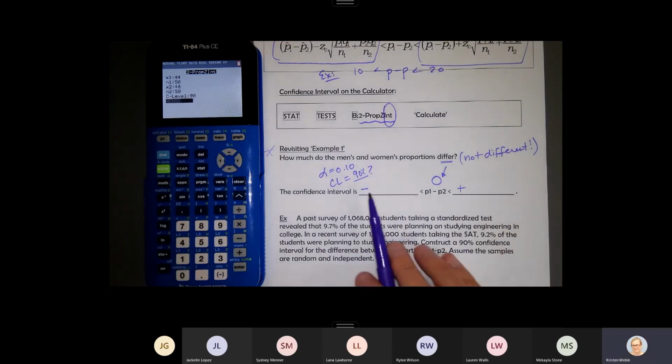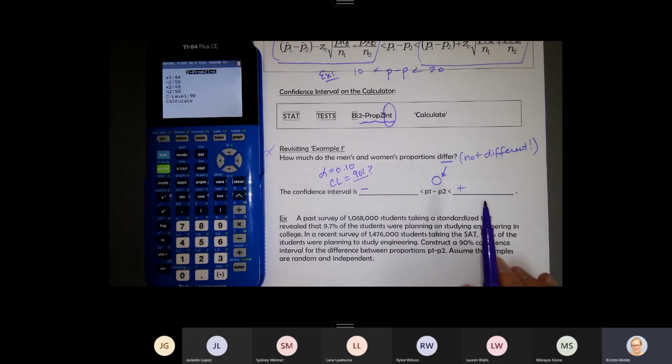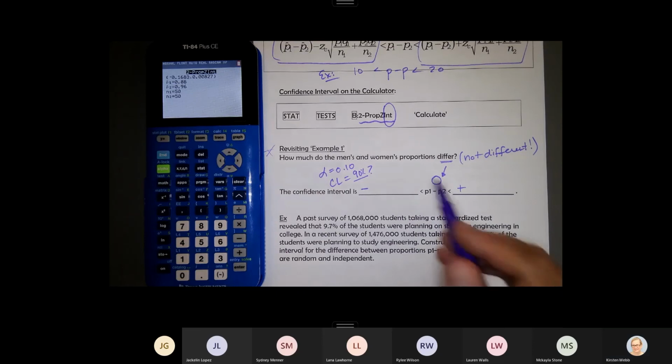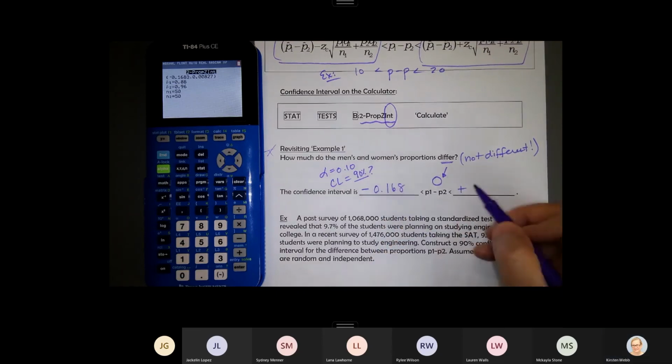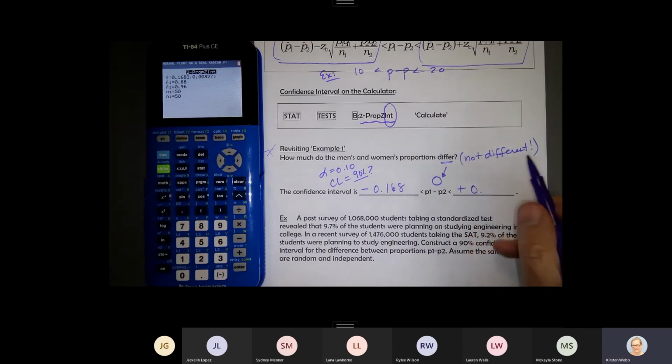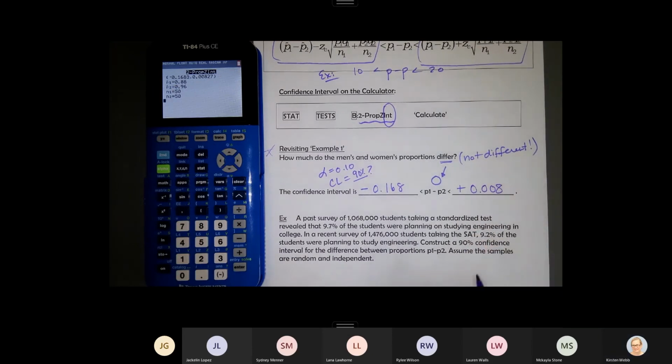And when we calculate, see if we don't get a negative and a positive because it's hovering around 0. Like that negative 0.168 and that positive 0.008. So not surprising at all because we didn't think they were different.